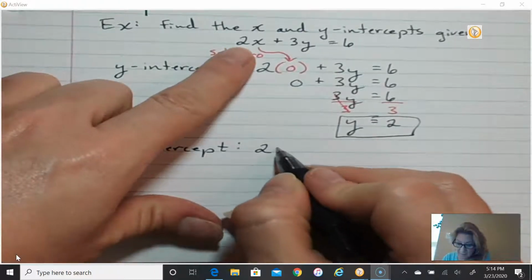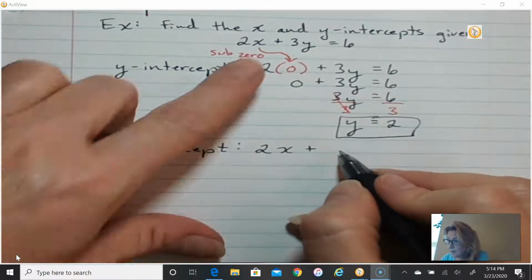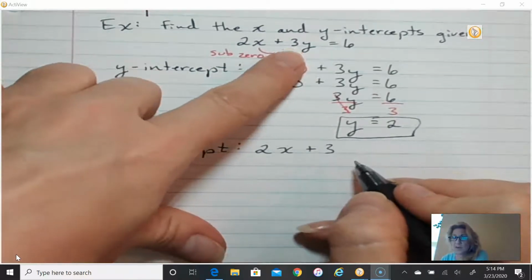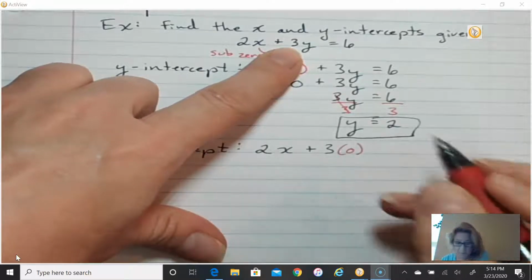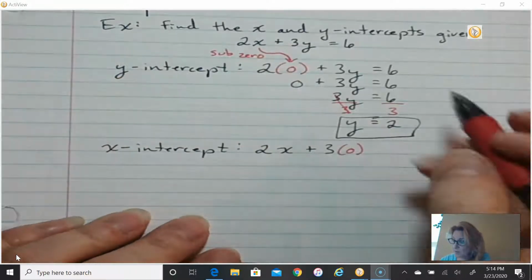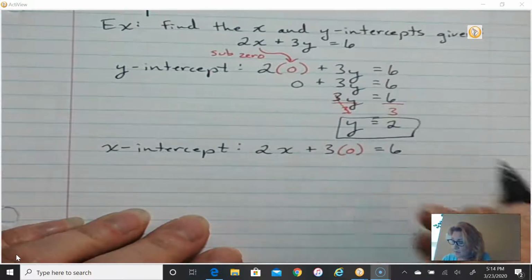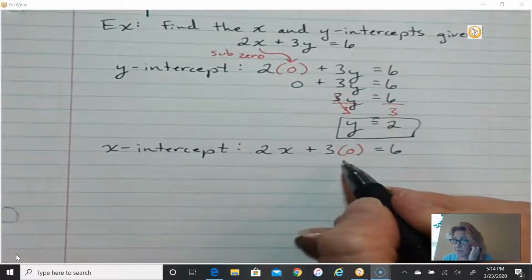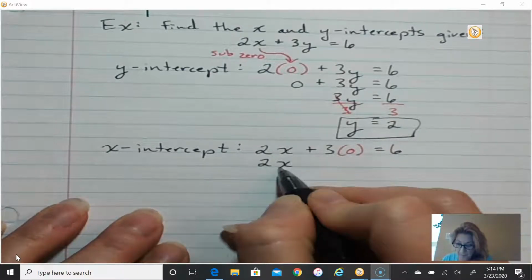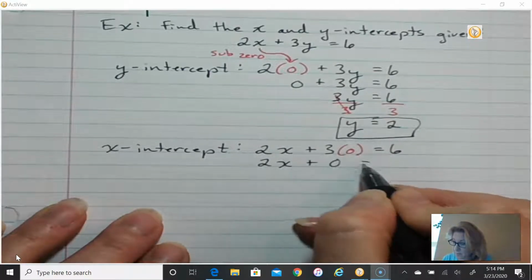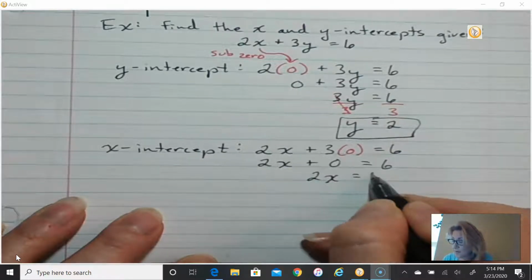It's 2x plus 3, and this time we're going to replace that y with a 0 equals 6. So 3 times 0 is 0, so it's 2x plus 0 equals 6. When in reality we have 2x equals 6.